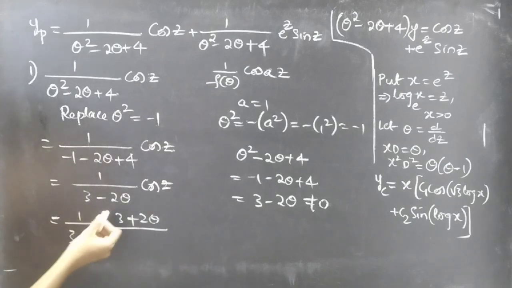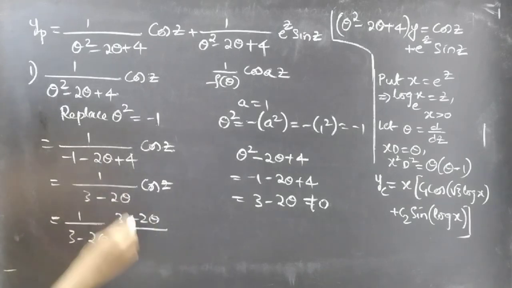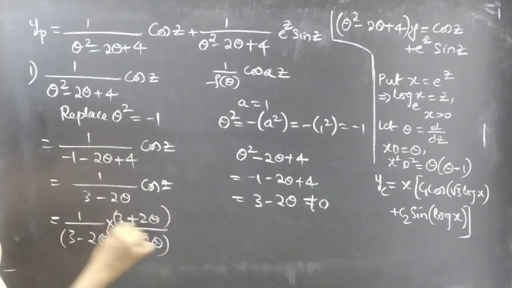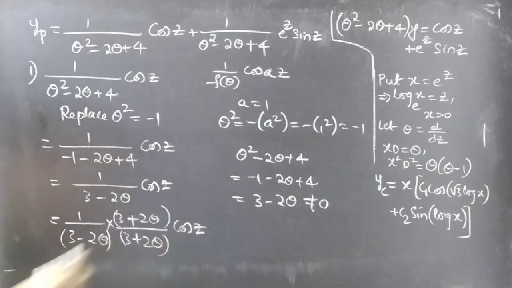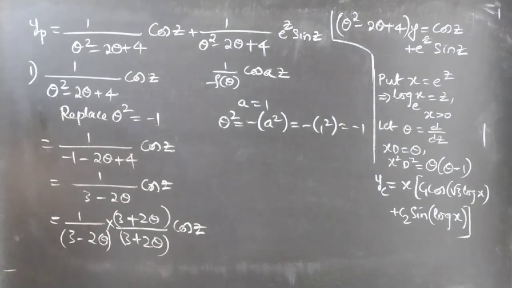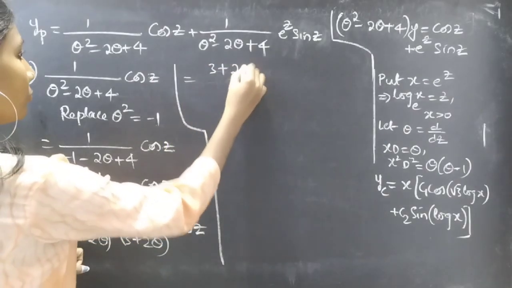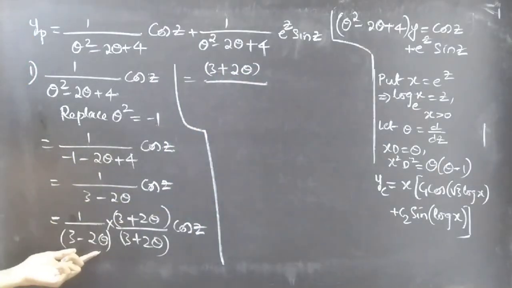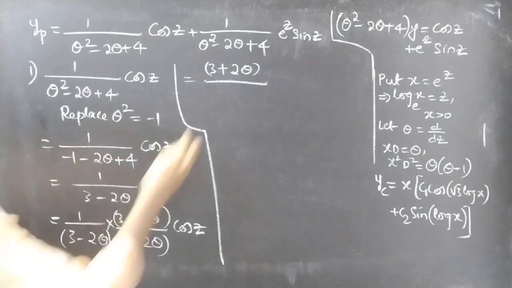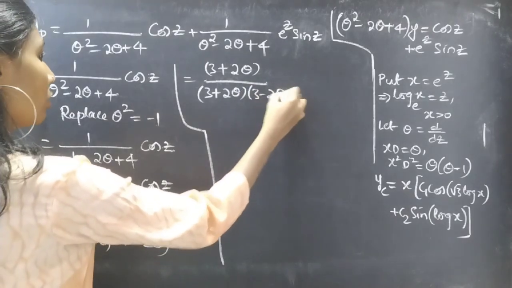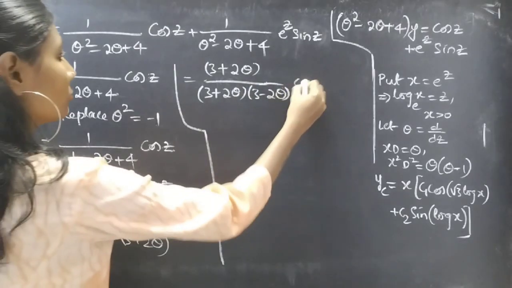Now, multiply and divide this fraction by 3 plus 2 theta. This becomes 1 into 3 plus 2 theta is 3 plus 2 theta, by 3 minus 2 theta into 3 plus 2 theta, right, into cos z.